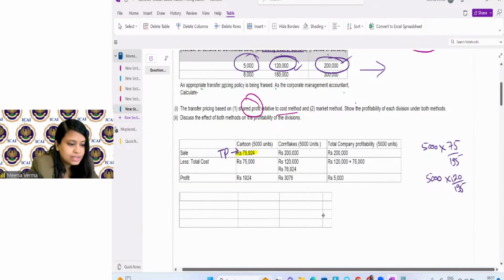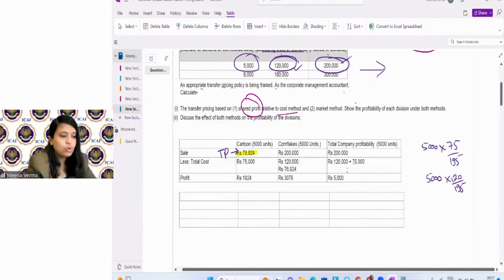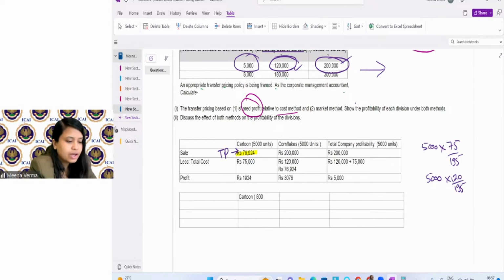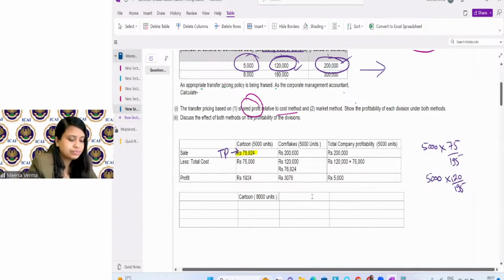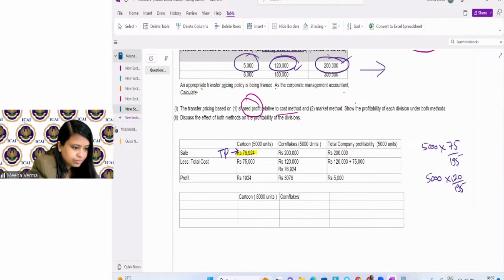So we are calculating the same when we are selling 8,000 units in the market, right? So how many cartons we have here? Same calculation. I'm doing nothing new. Just same calculations.